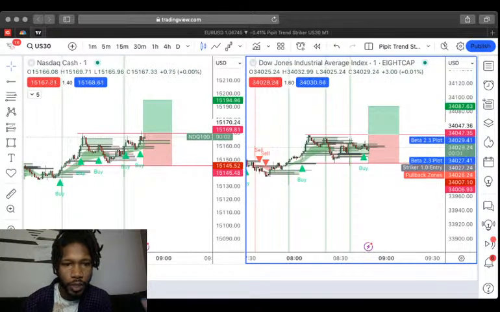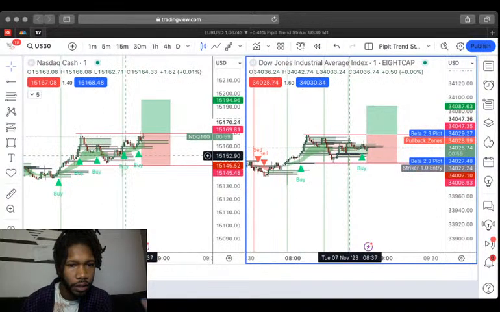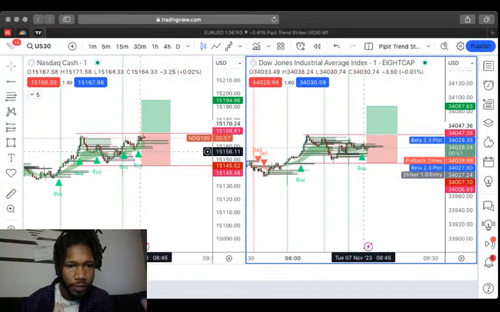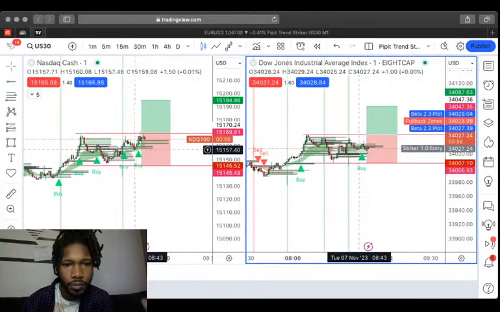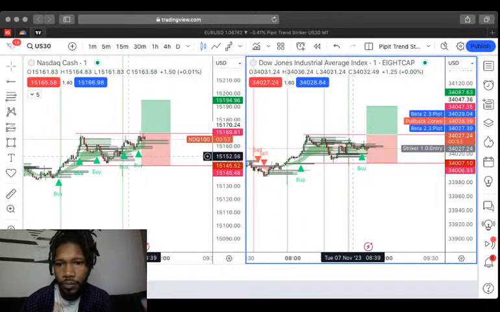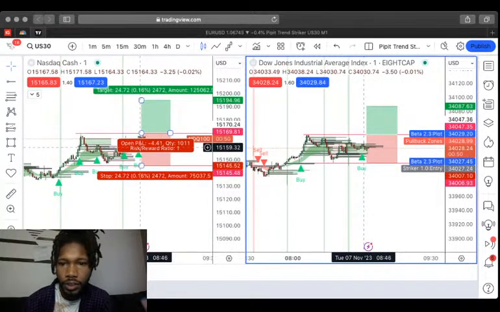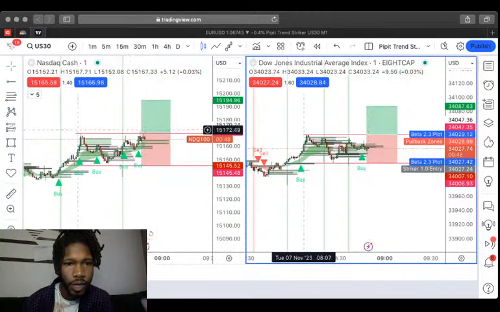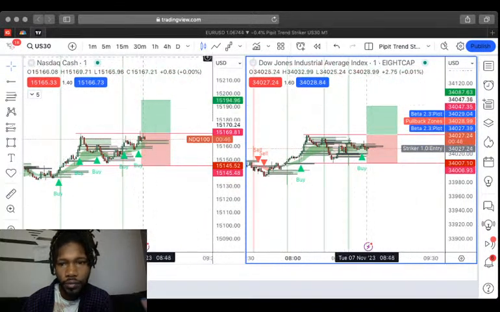I'm just going to be patient. We do have the beta trading system giving us bullish momentum, bullish direction. Let's go to a higher time frame, the 5-minute on here.